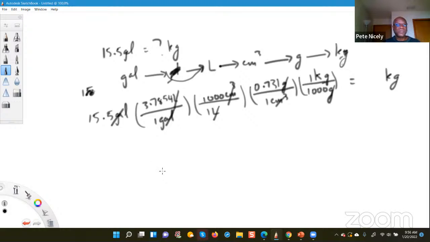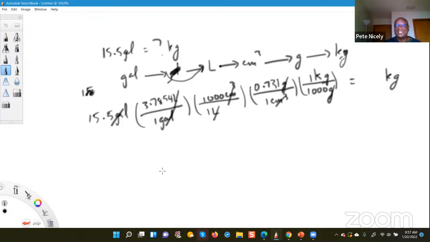So what I'm going to do is just put the numbers in my calculator: 15.5 times 3.7854 times 1,000 times 0.731, and then divide by 1,000.